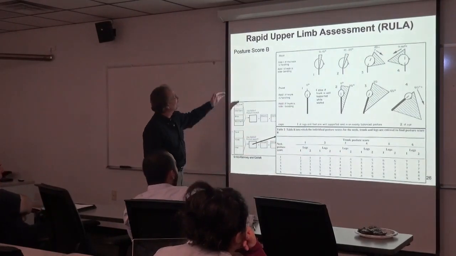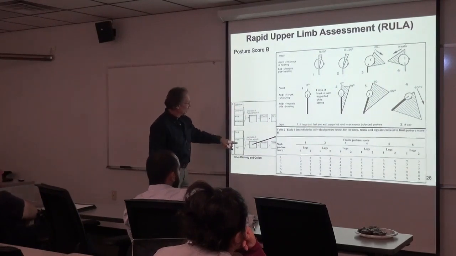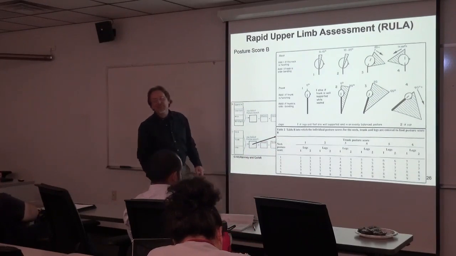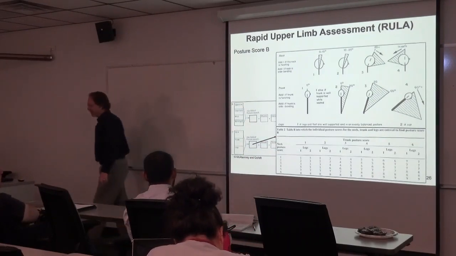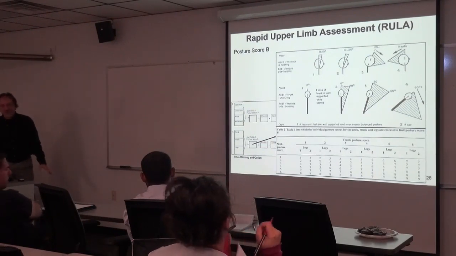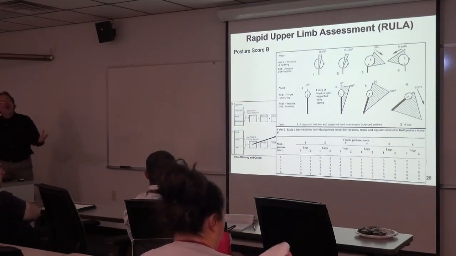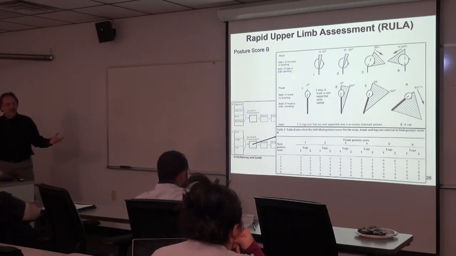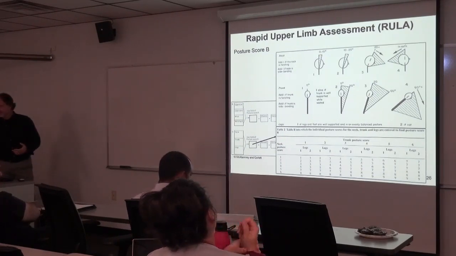So you take your neck, trunk, and leg score, place them here, and read your score B out of that table in exactly the same way that you read REBA. And like I said, this was developed by the same people, so it's very similar. It's just that the part of the body that is emphasized in this analysis is the upper limbs rather than the entire body.